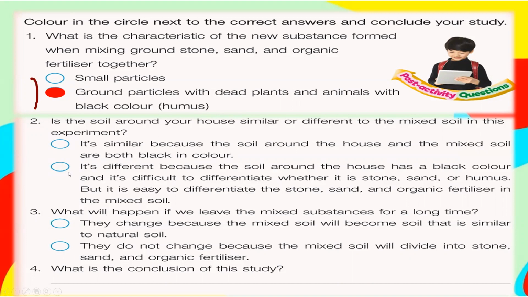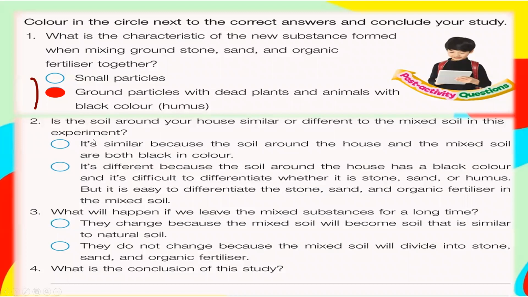Number 2, it's different because the soil around the house has black color and it's difficult to differentiate whether it is stone, sand, or humus. But it is easy to differentiate the stone, sand, and organic fertilizer in the mixed soil.